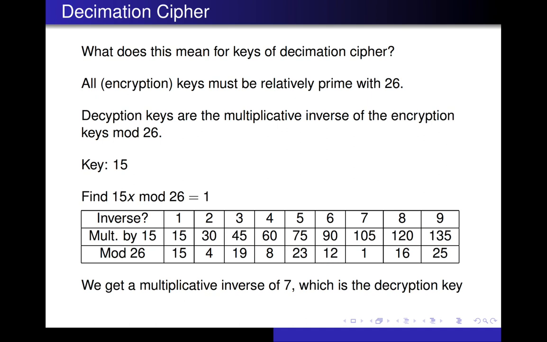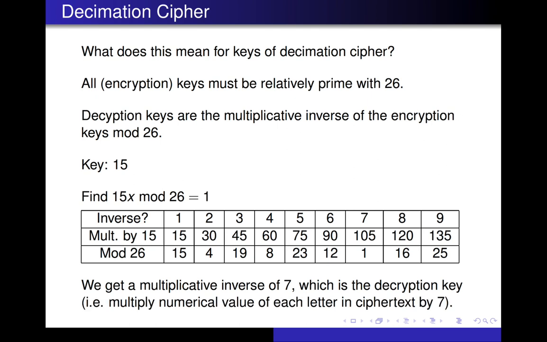What I mean by decryption key is, if you have some ciphertext and want to bring it back into plain text, you multiply the numerical value of each of the letters in the ciphertext by 7, and that will take you back to the plain text. If you have plain text, you multiply by 15 to get to the ciphertext. If you have ciphertext, you multiply by 7 to get back to the plain text.